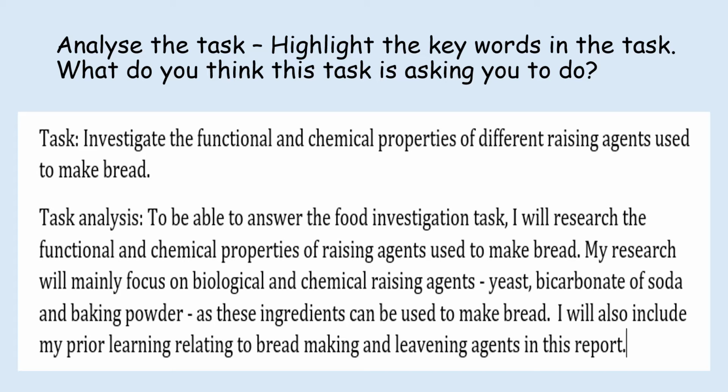I will research the functional and chemical properties of raising agents used to make bread. My research will mainly focus on biological and chemical raising agents, such as yeast, bicarbonate of soda and baking powder, as these ingredients can be used to make bread. I will also include my prior learning relating to bread making, so don't forget to add anything you know about the subject. You can write that down and then do your research.